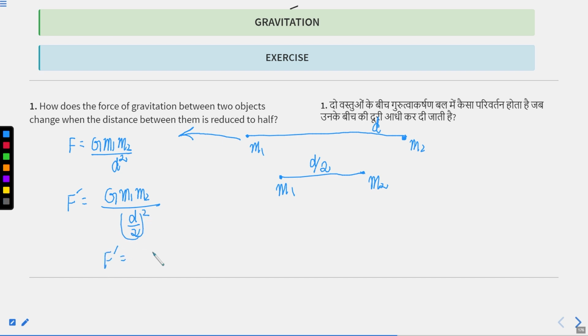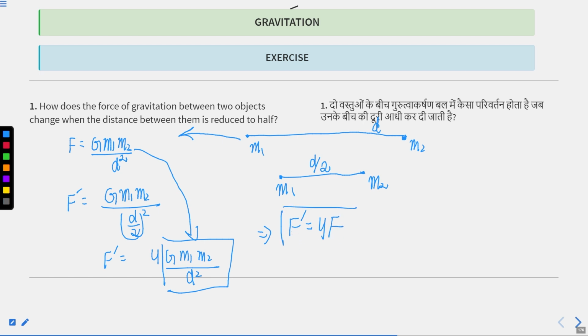F dash will be 4 G m1 m2 divided by d square, and we know that G m1 m2 divided by d square is F. So F dash will be equal to 4 times the initial force. So when you reduce the distance by half, the force will increase 4 times. Is it clear, class?